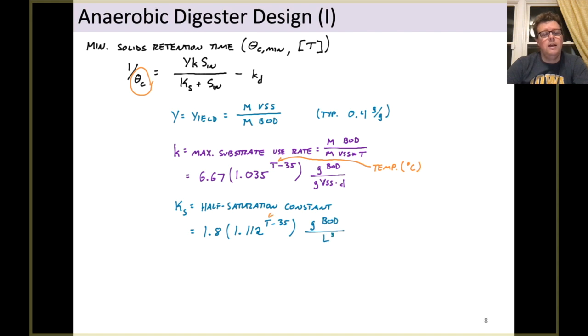That capital KS is the half saturation constant. And again, that's describing to us how rapidly this reaction can occur. You'll see that's also got an Arrhenius formulation given here. Grams of BOD per, that says length cubed, so that should be meters cubed, for example. S in, concentration of biodegradable substrate in mass per cubic meter.